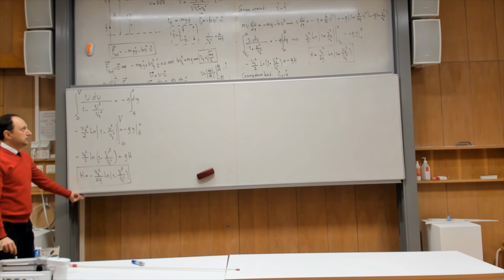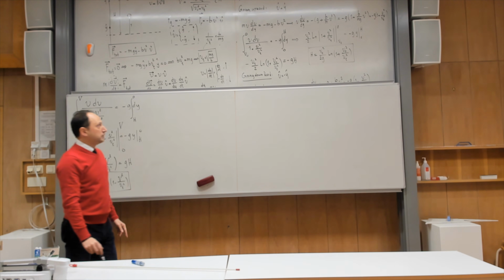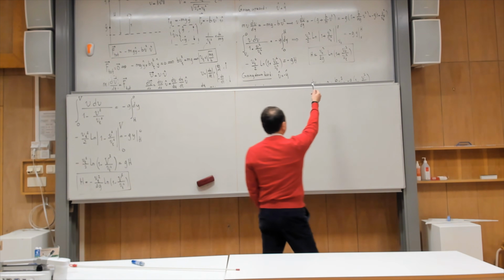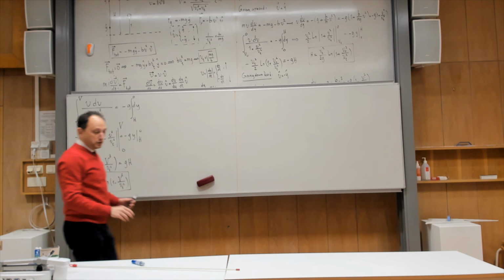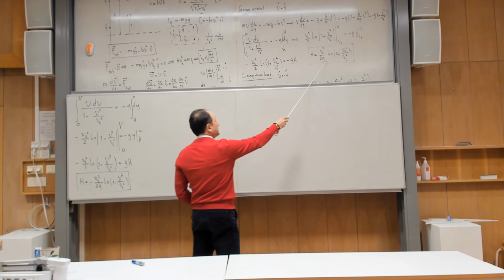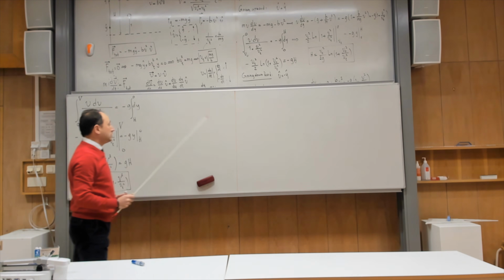So I calculated h in 2 different ways. Or actually, I have 2 equations. Let me see if you are in the frame. I cannot see it so small. Yes, it is in the frame. So here you see that this equation is giving you h.